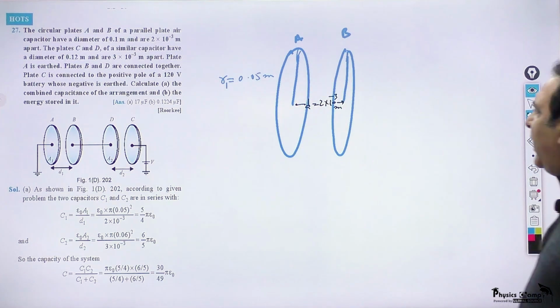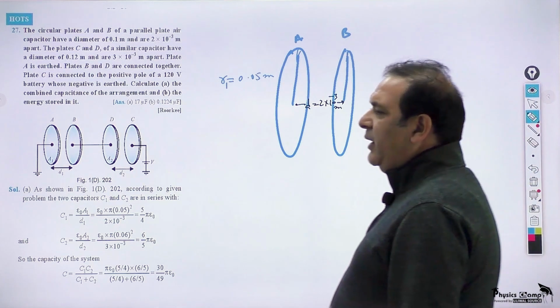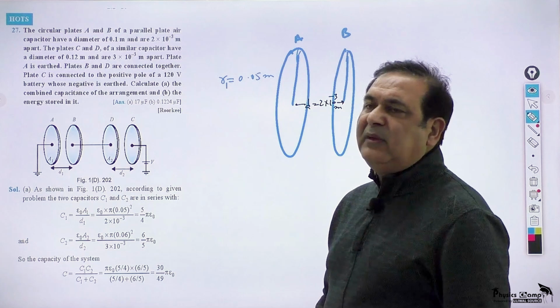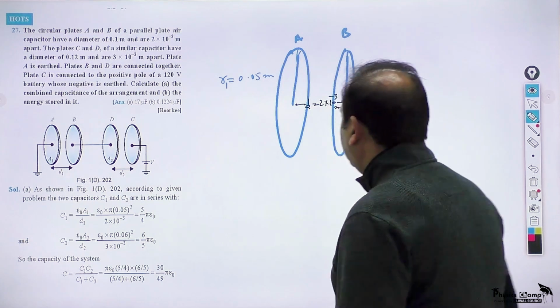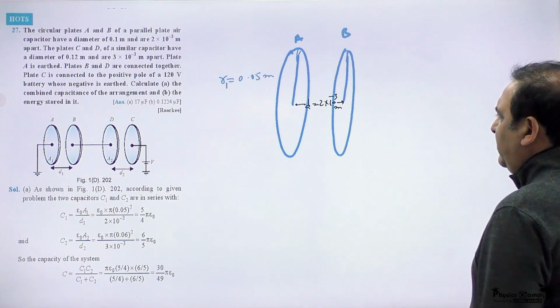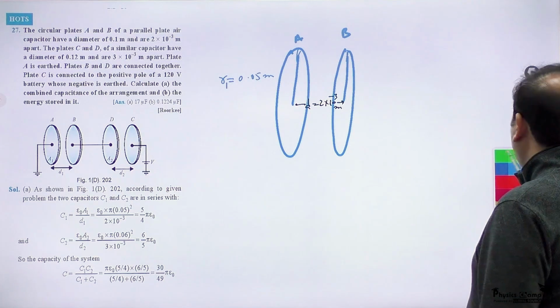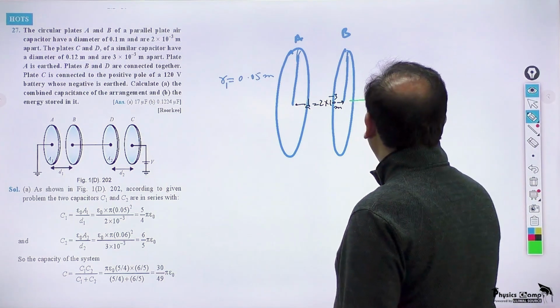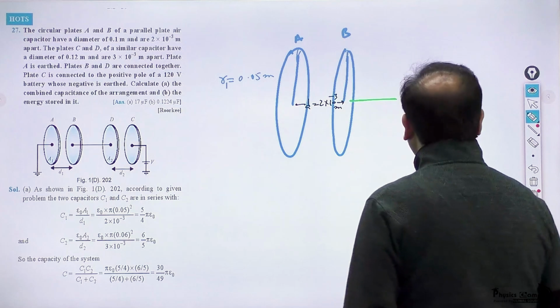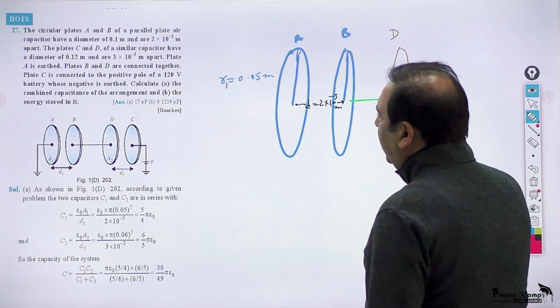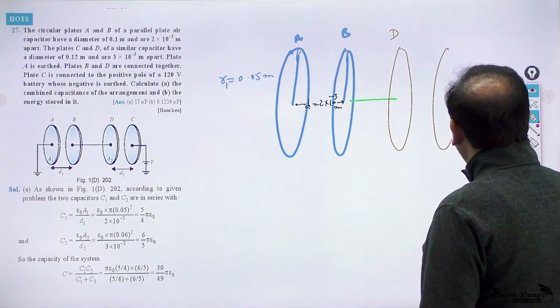So plates A and B have a radius 0.05 meter and they are placed 2 into 10 to the power minus 3 meter apart. There are another plates D and C. Plate D is here and plate C is here.